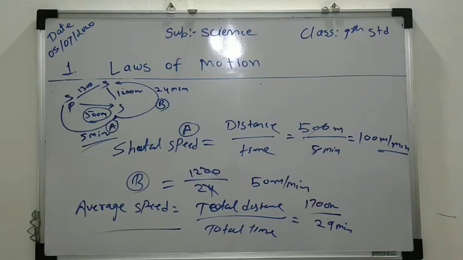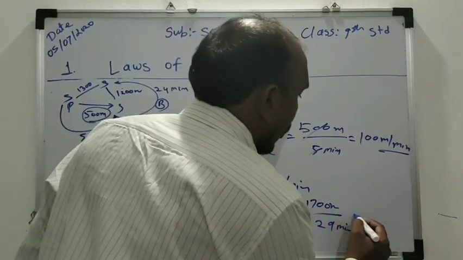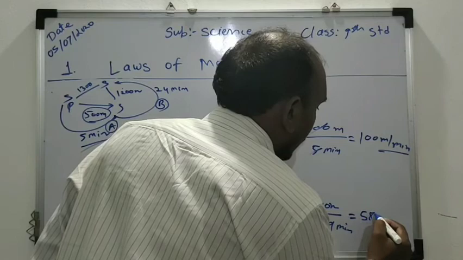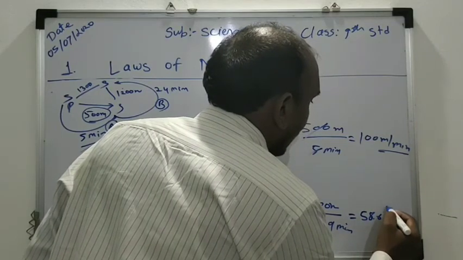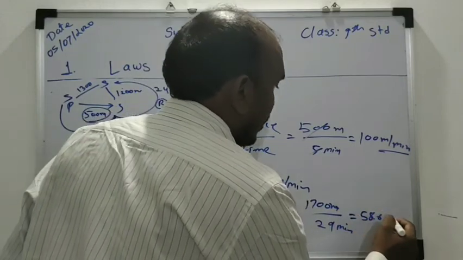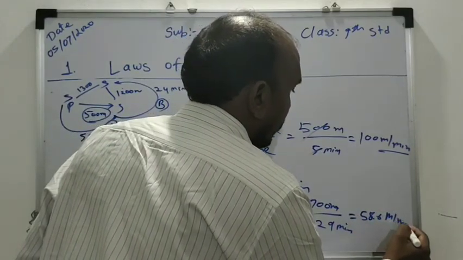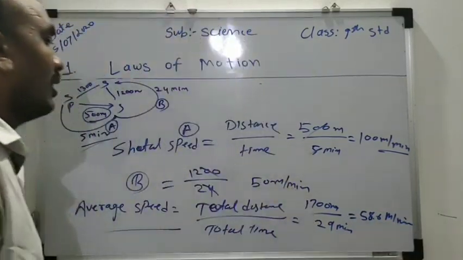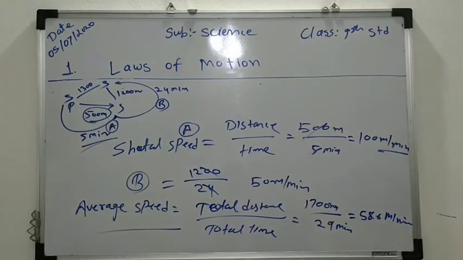Do the calculation. So approximately 58.6. What will be the unit? This is in meters and this is minutes, so meters per minute. That will be the average speed.